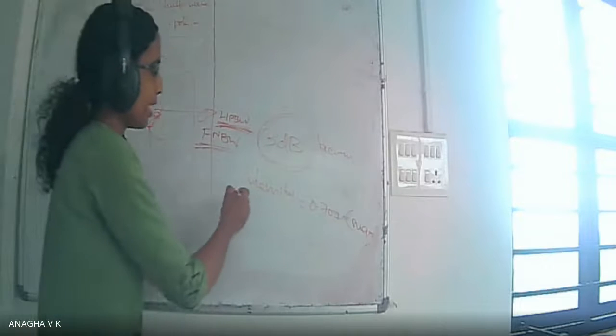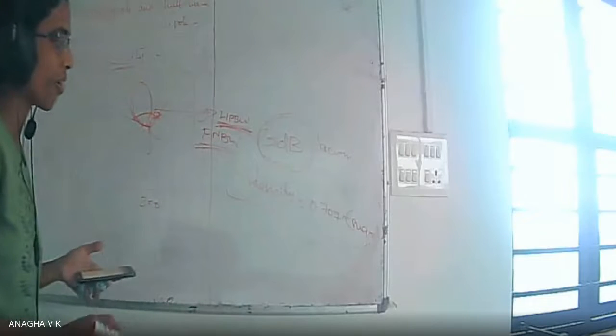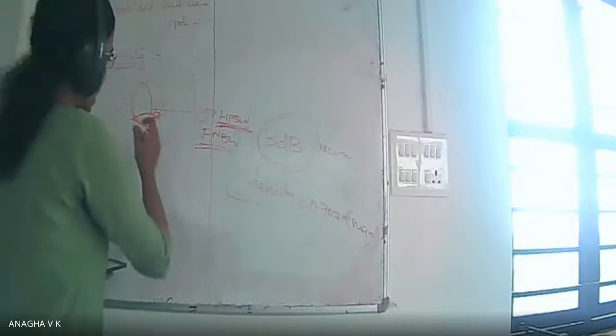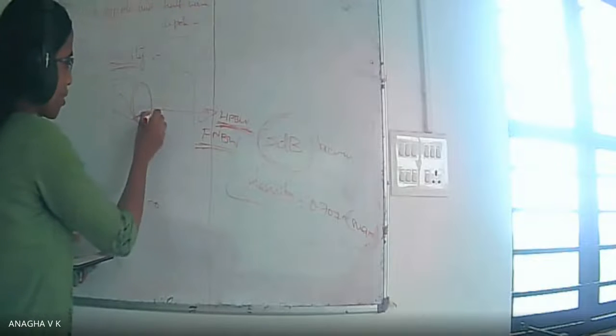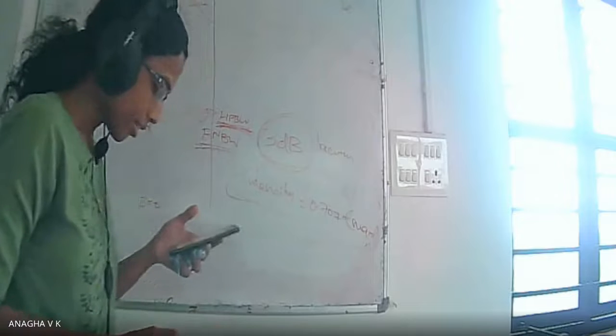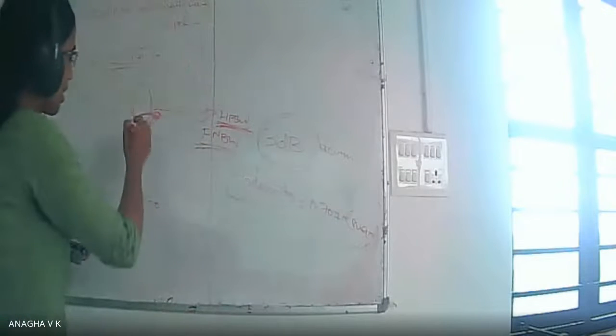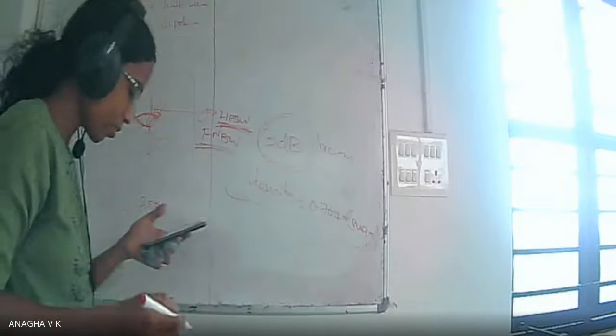The field intensity is 0.707 of the maximum value at the half power points. So the radiation pattern can thus be measured by half power beamwidth also.